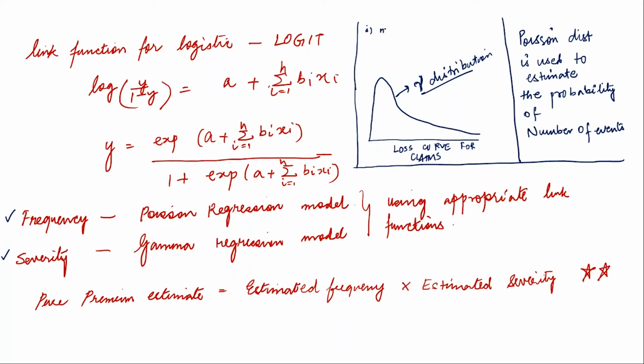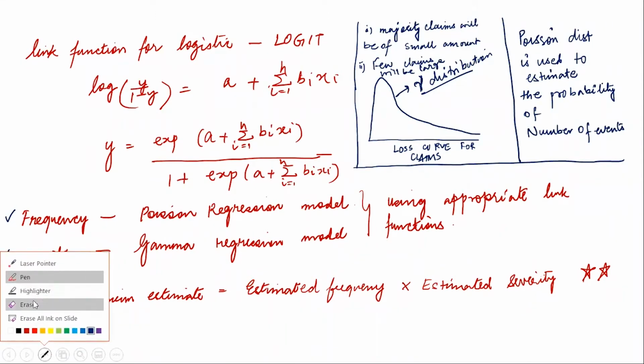Basically, the majority of claims will be of small amount, and few claims will be large. That is how you should read it.